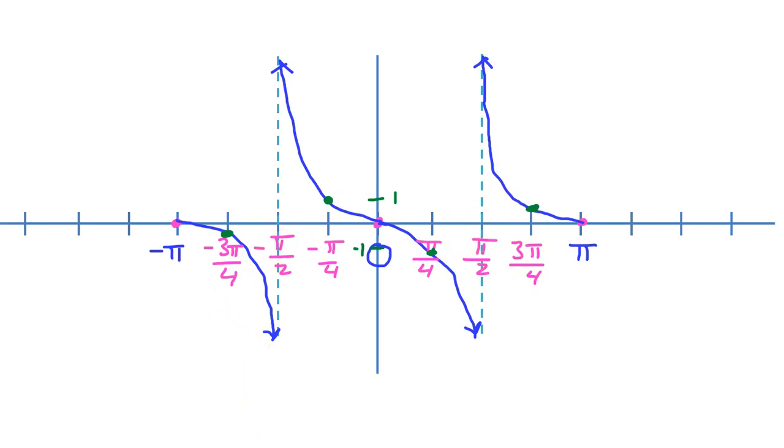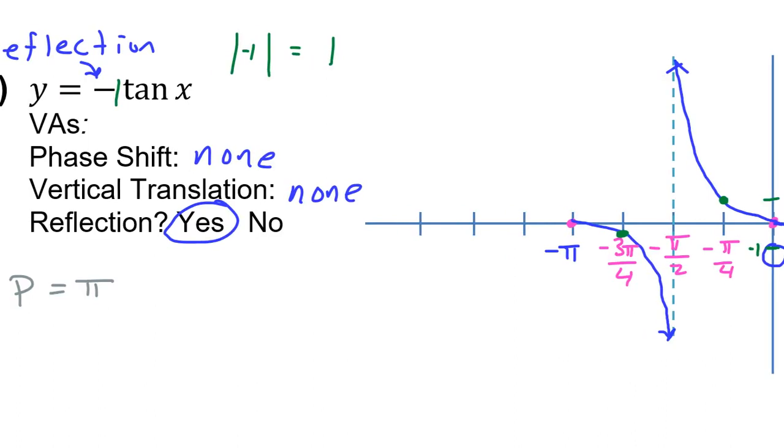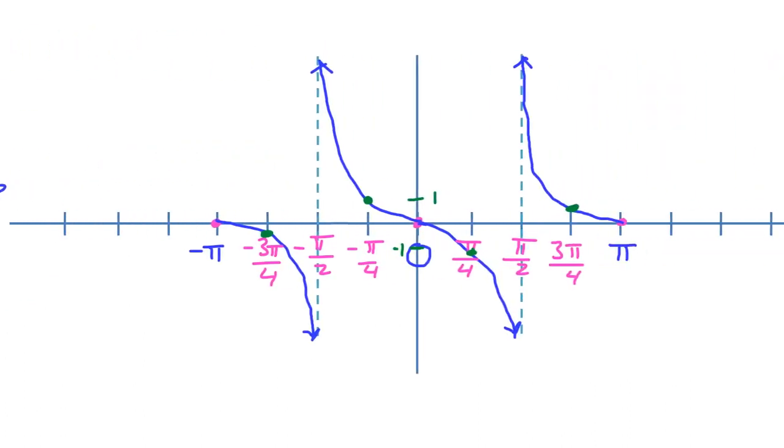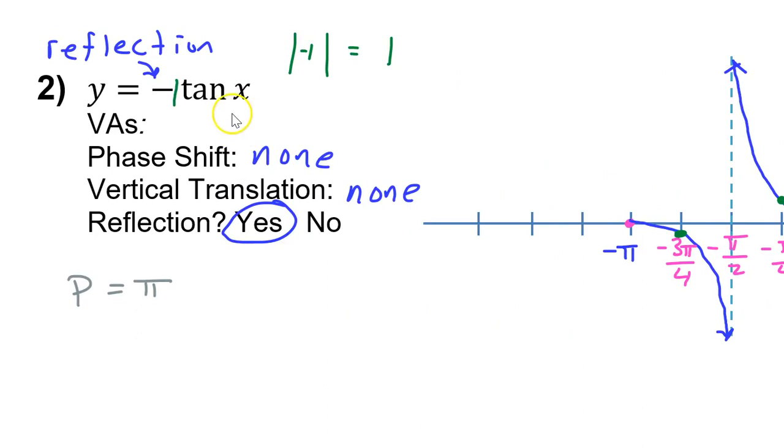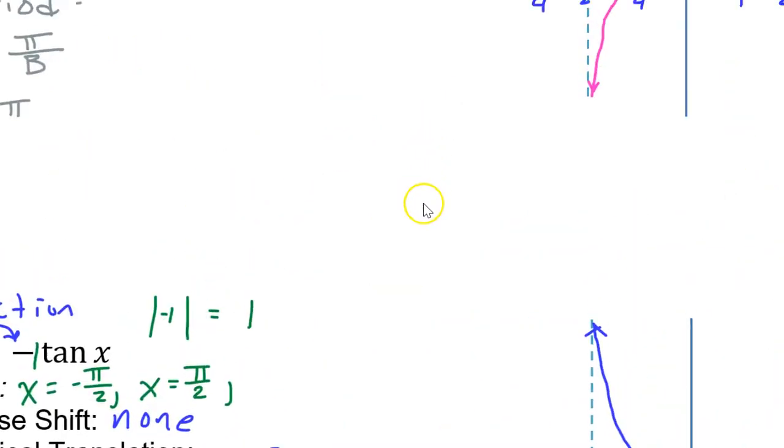And that's it, other than listing out the vertical asymptotes. So we have two vertical asymptotes showing in the picture, one at negative pi over 2 and another at positive pi over 2. We're supposed to list three of them. So we have x equals negative pi over 2 and x equals positive pi over 2. But we would have another one if we kept going.